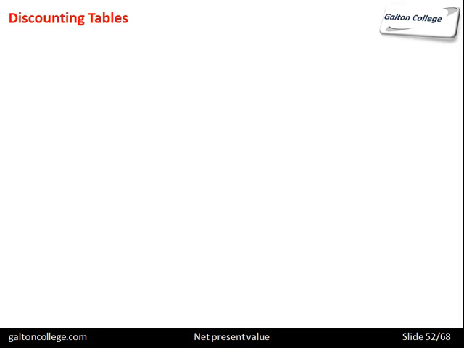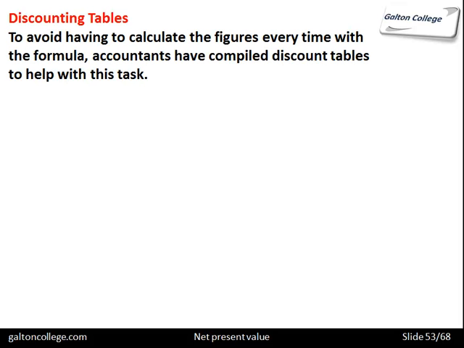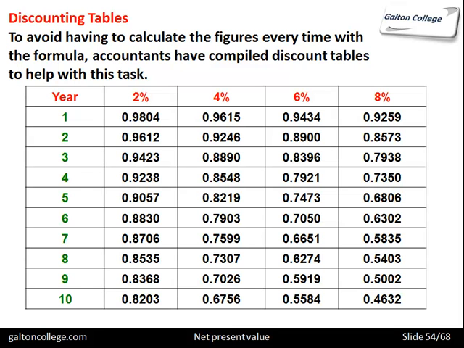We could do this with discounting tables. I said earlier there are two ways of doing it. To avoid having to check the figures every time with the formula, accountants and finance experts have compiled discount tables to help with the task. This is just taken out of some table, and I've just typed it out here.